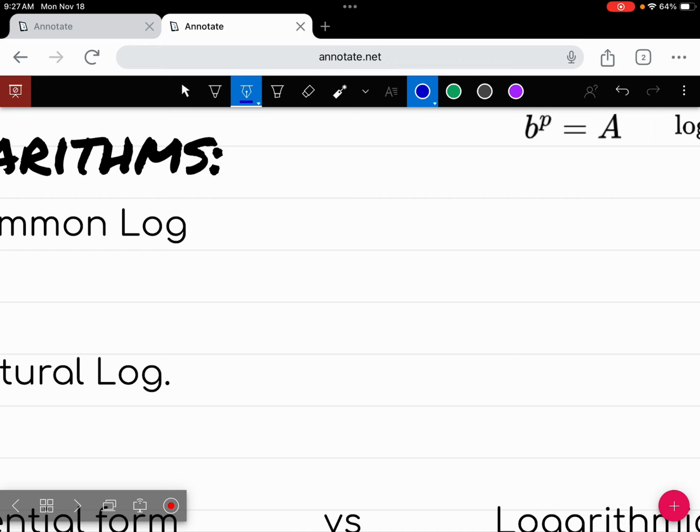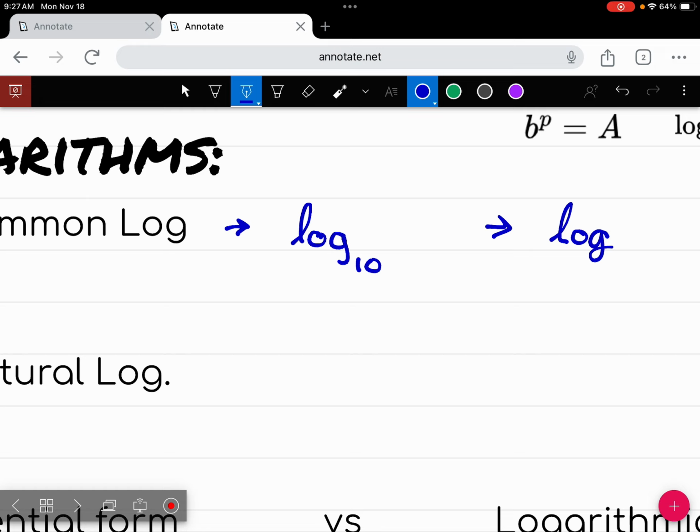So some important pieces we need to have are our common log, which is a log with a base of 10, and we just write it as log. Like you don't have a little number at the bottom. If it doesn't have a little number, it's a base of 10.